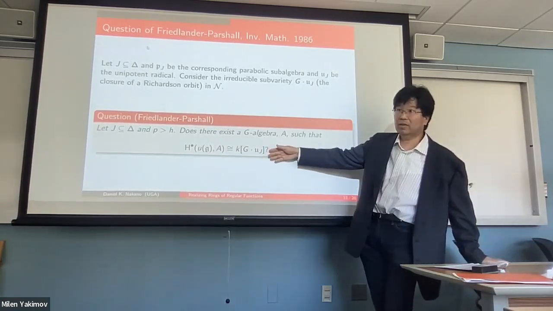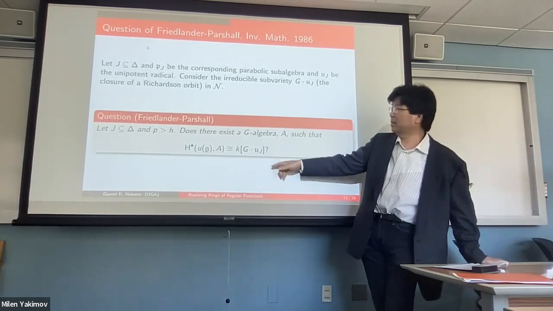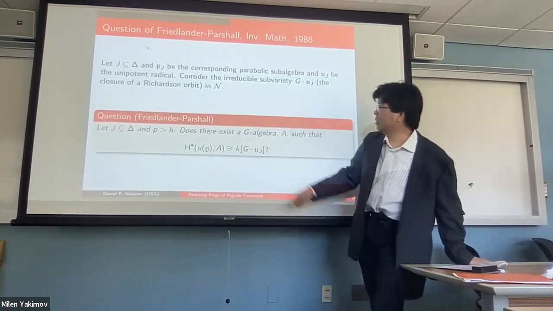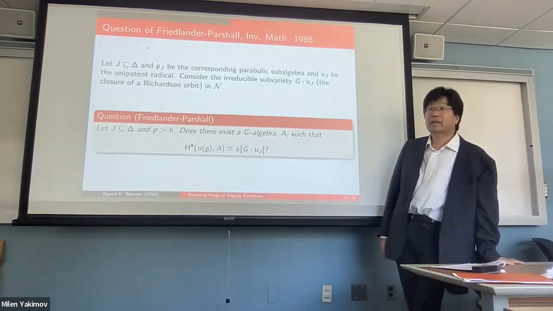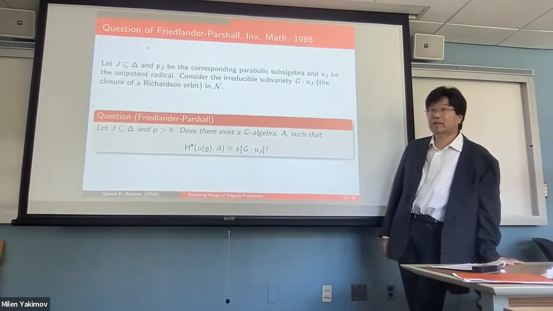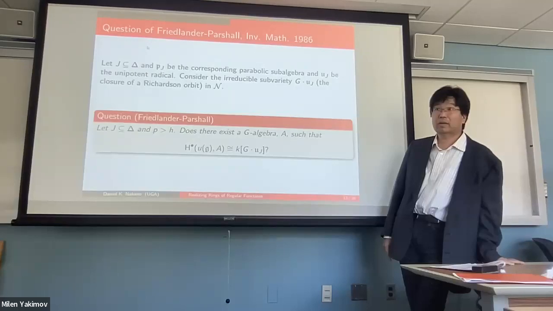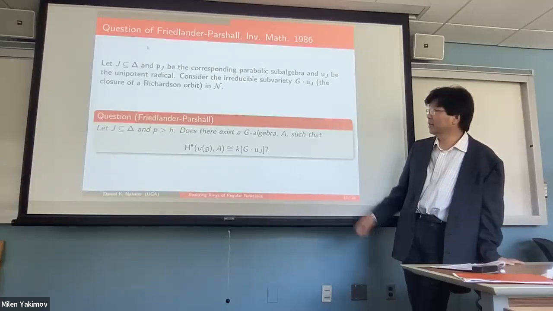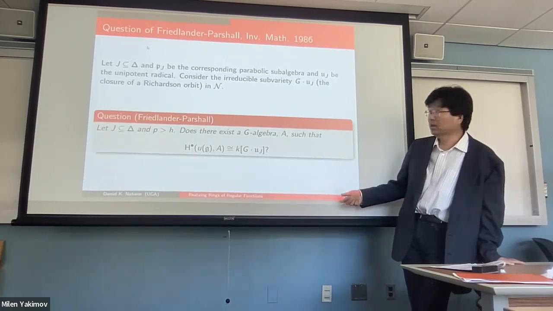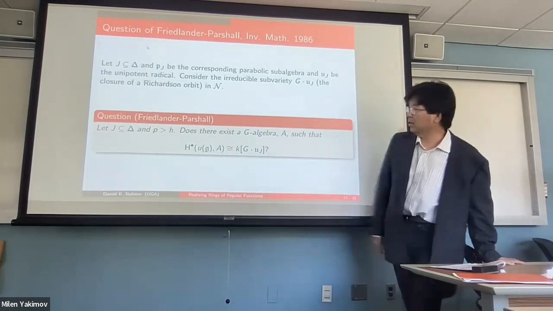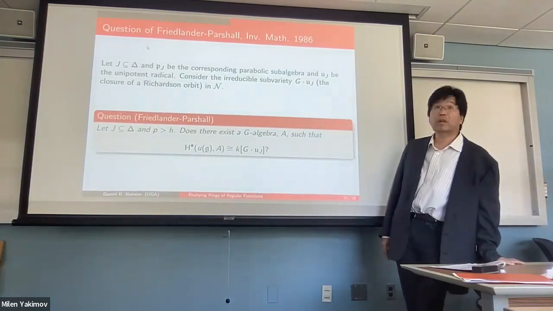The nilpotent cone is the closure of the regular orbit, so you take its coordinate algebra. Can you find an algebra A for which the cohomology is equal to that coordinate algebra? So that's the Friedlander-Parshall question: the realization of the coordinate algebra of orbit closures via the cohomology for the restricted enveloping algebra.